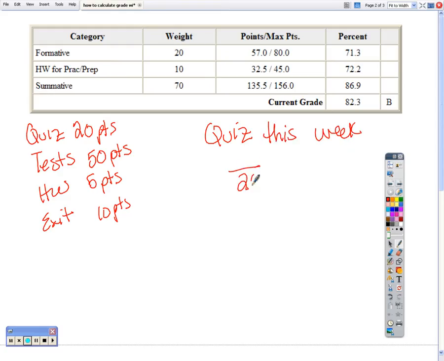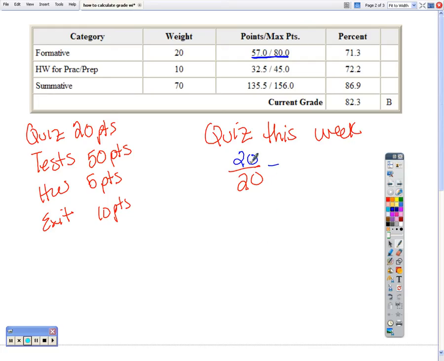So that quiz is going to be out of 20 points, and they want to know, okay, if I get 100 on the quiz, what will that make my quarter grade? Well, here's how we're going to calculate it. 100 on the quiz would be a 20 out of 20. That's going to change the formative category points.